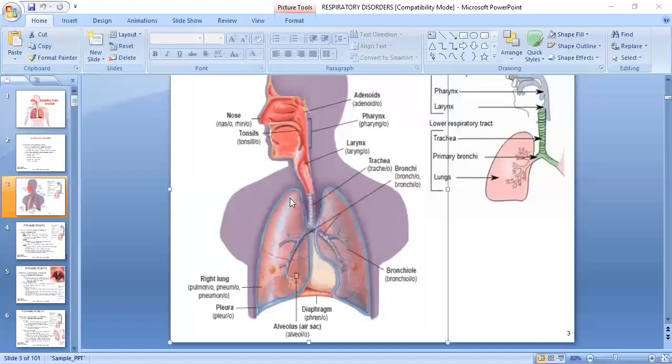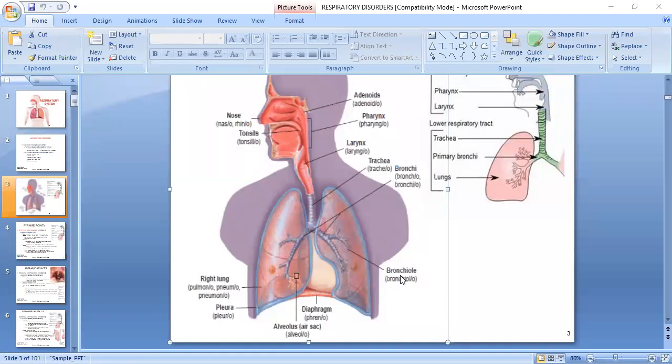So the lungs are covered by a layer. This is the cover and this is the lungs. Between the cover and the lungs there is some space. It's called the pleural space. Sometimes fluid accumulates inside this space. It's called pleural effusion. And the bronchi again divide into small branches.